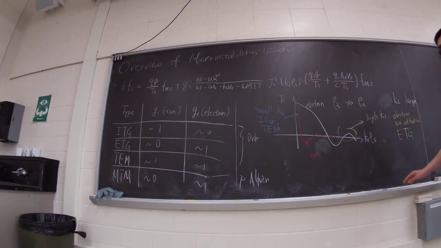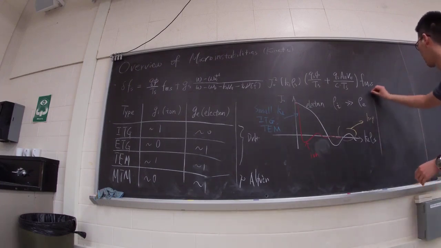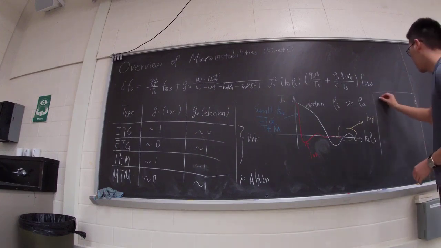In terms of getting dispersion relations, I can just put a side note here. If you want dispersion relations, most of the time you can derive them by doing a closure, using quasi-neutrality.